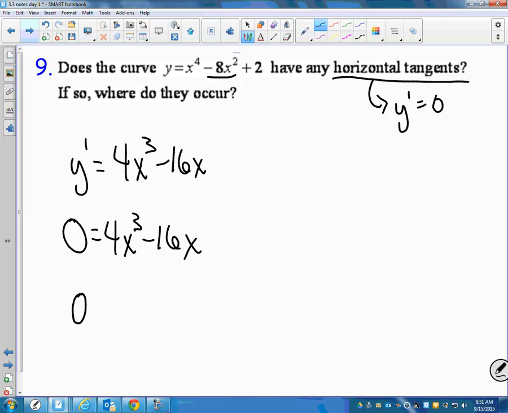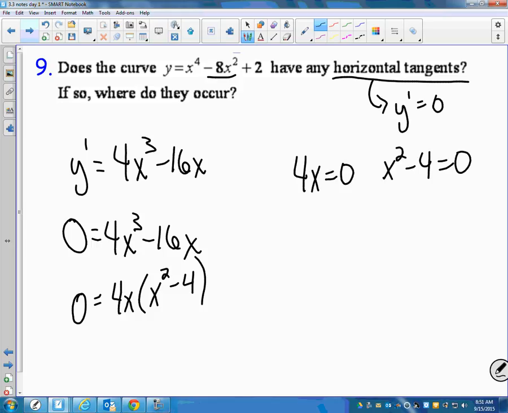We pull out the x and then I'm going to pull out the 4 and the x. Are you okay with that? Is that factoring in 4x times x squared minus 4? Oh. Look at the difference in squares. So I get 4x equals 0 and x squared minus 4 equals 0.